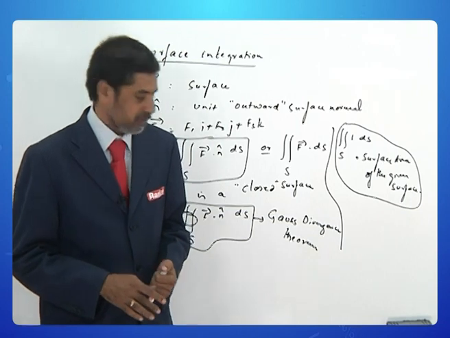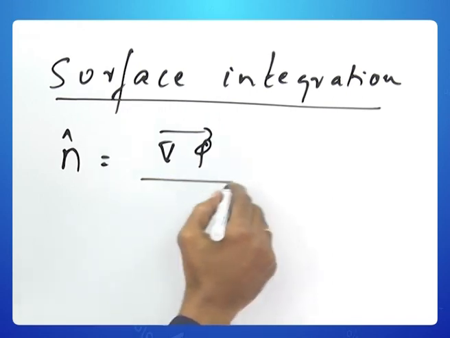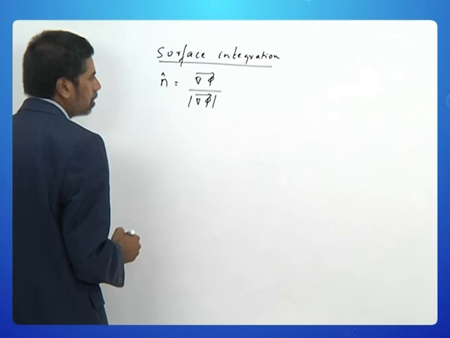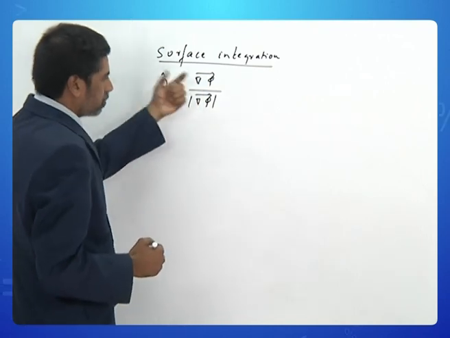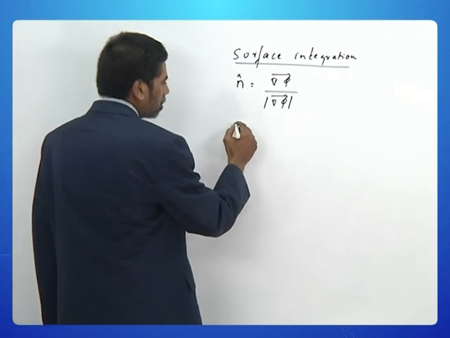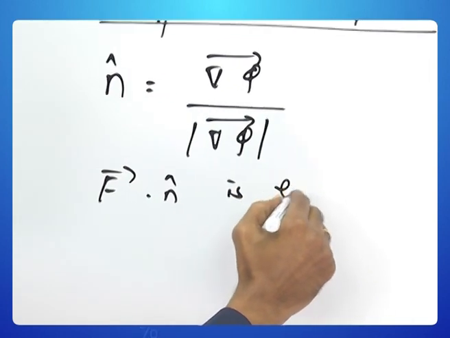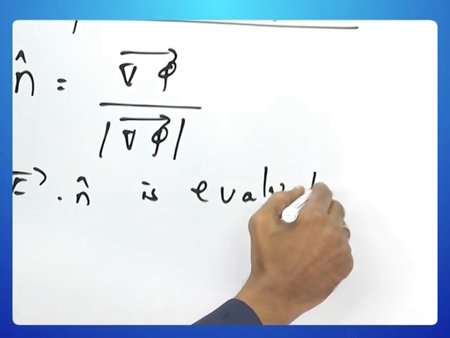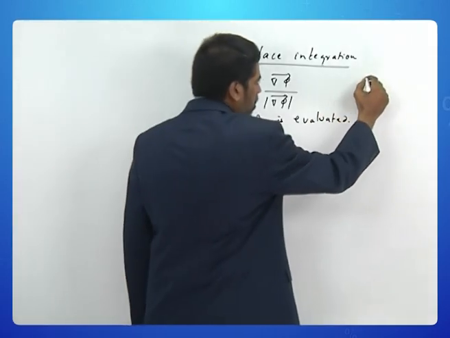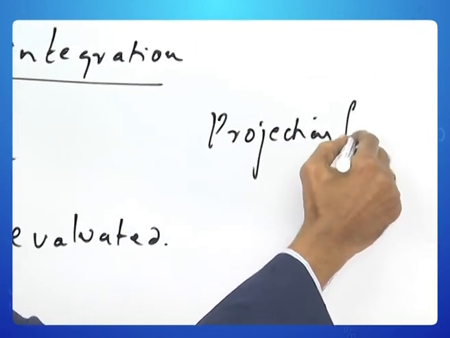So let me put in detail how one has to go through the process of setting up the double integral from the surface integral. The unit surface normal is generally given by del phi divided by the magnitude of del phi, where del phi is the gradient vector of the surface. And F dot n cap is evaluated. Then come what are known as projection formulas.